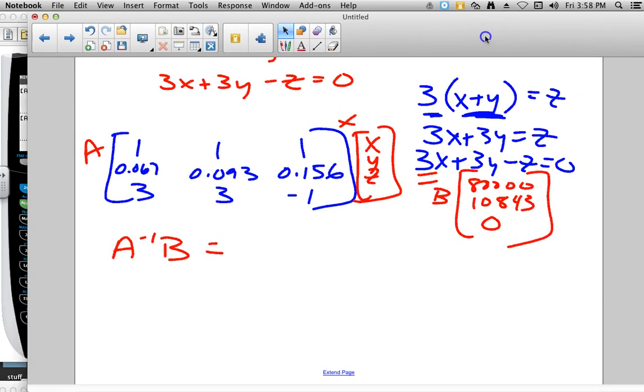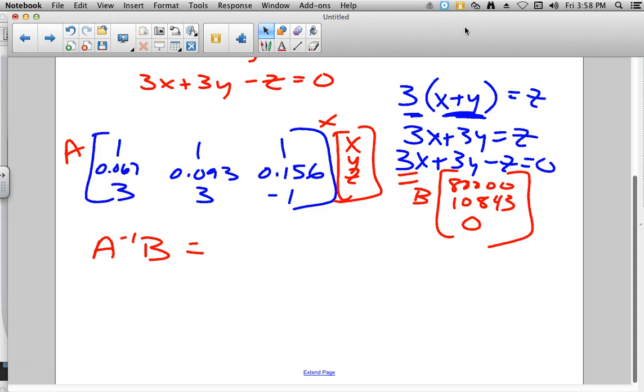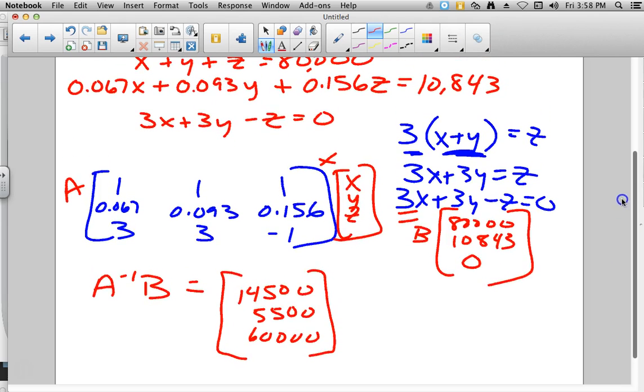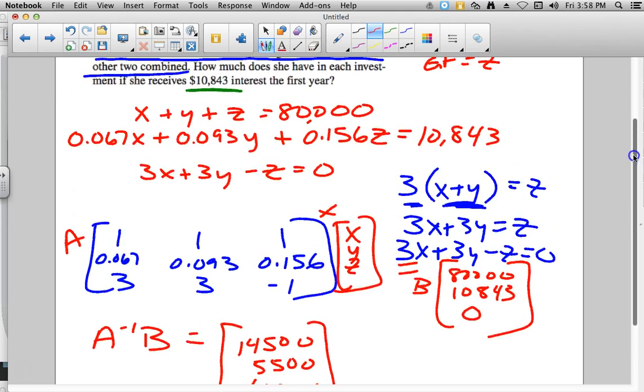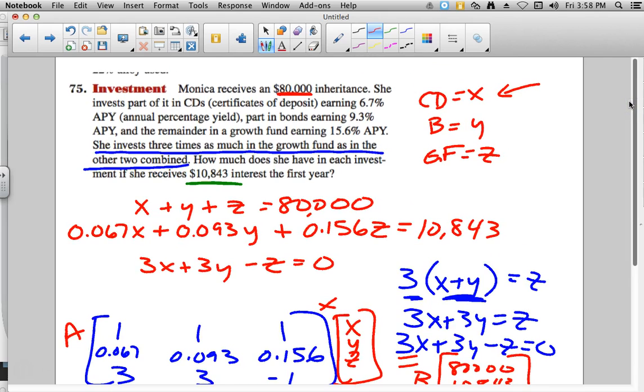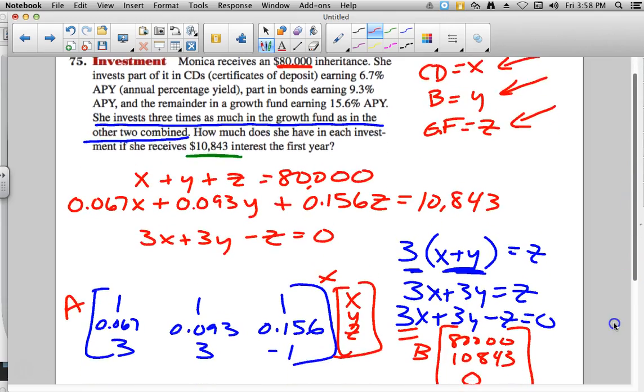So we just have to get those on here. Our matrix A inverse times B gave us this. And we go back to what we used for x, y, and z. So x was, all the way back up at the top, CDs, y was bonds, and then we had that growth fund.